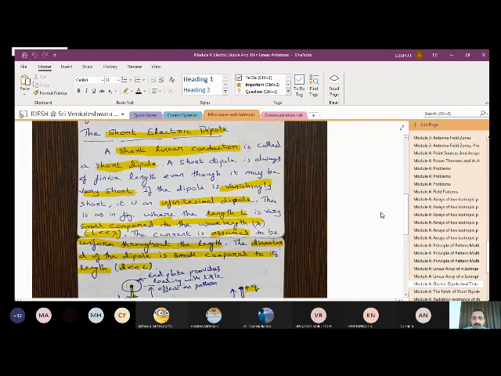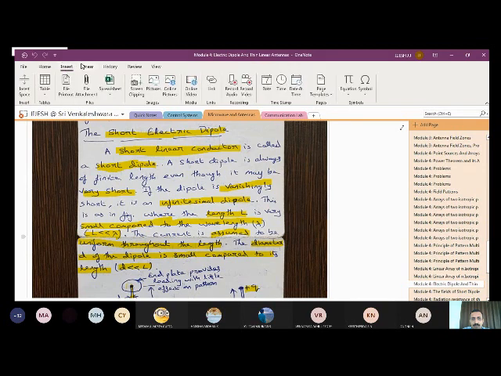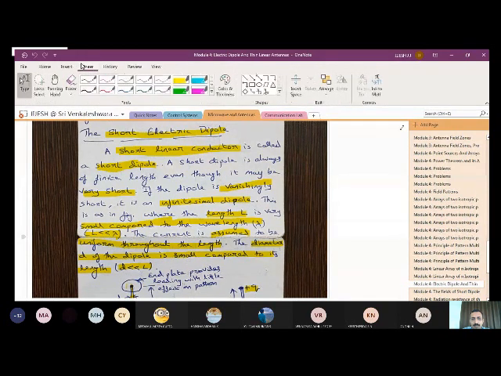So lambda has to be very much greater than L, or you can say L is less than lambda. This is what you find here: L less than lambda for a short dipole. So for a short electric dipole, you have to keep this condition.